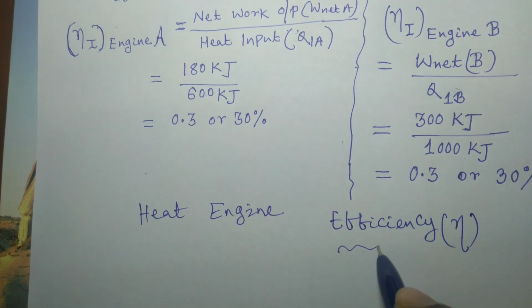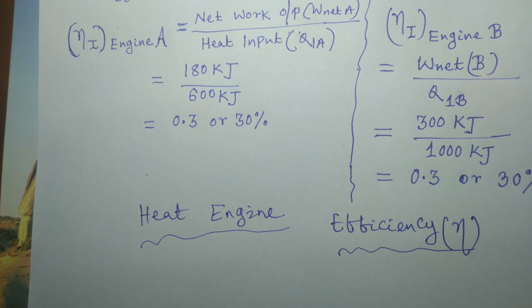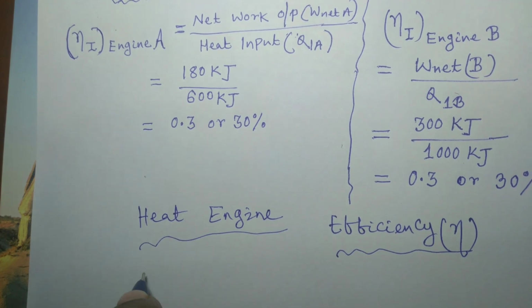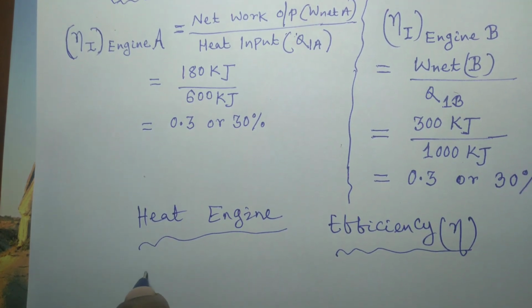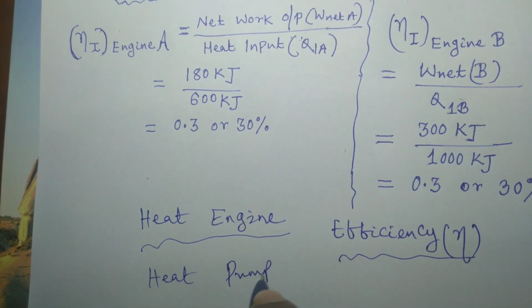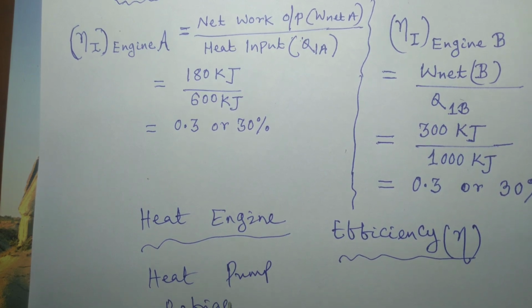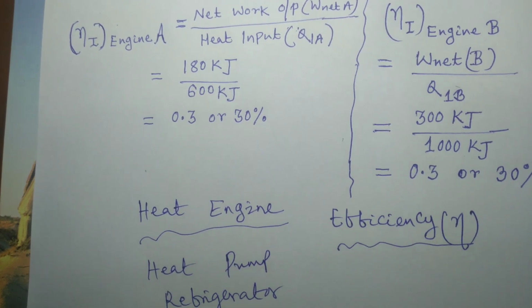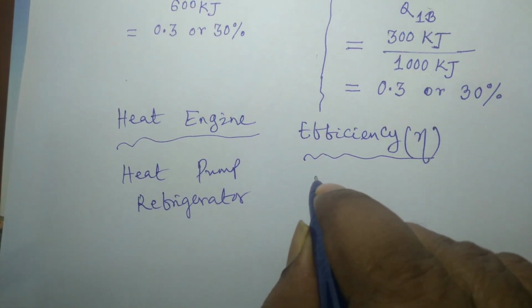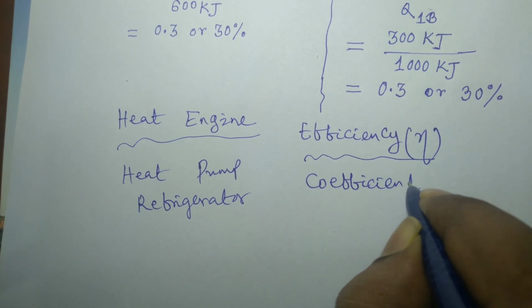This is a performance measure of work producing device like heat engine. At the same time, for work consuming cyclic device like heat pump, refrigerator, we use another performance measure that is known as coefficient of performance.